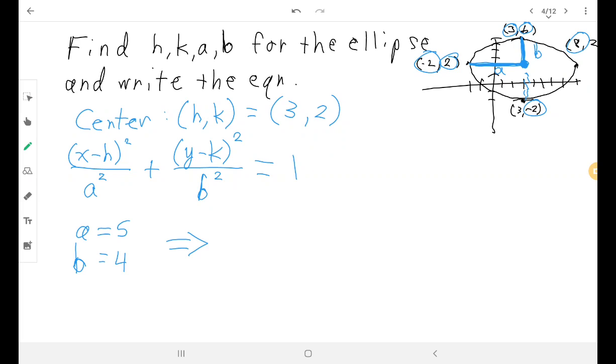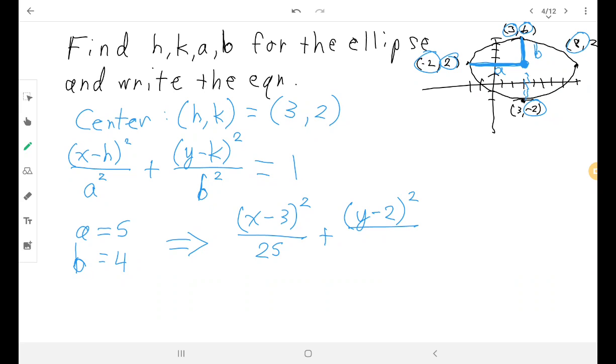And so now I have everything that I need to fill in for the equation. X minus h, h is 3, squared, over A squared. A is 5, so A squared is 25. Plus y minus k, k is 2, all that squared, over B squared.